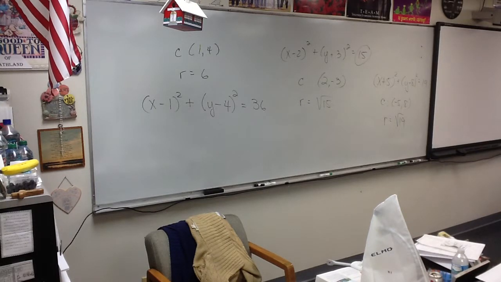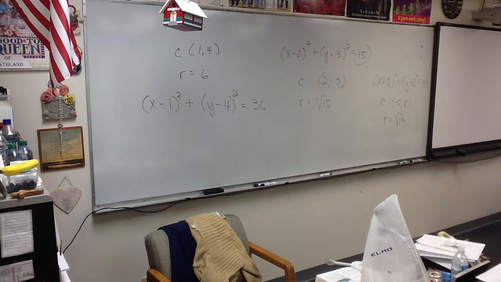Parentheses x plus 3 to the second plus parentheses y minus 2 to the second equals 100. What do the rest of you think? Is he right? Good job. It's parentheses x plus 3 to the second plus parentheses y minus 2 to the second equals 100. Thank you.